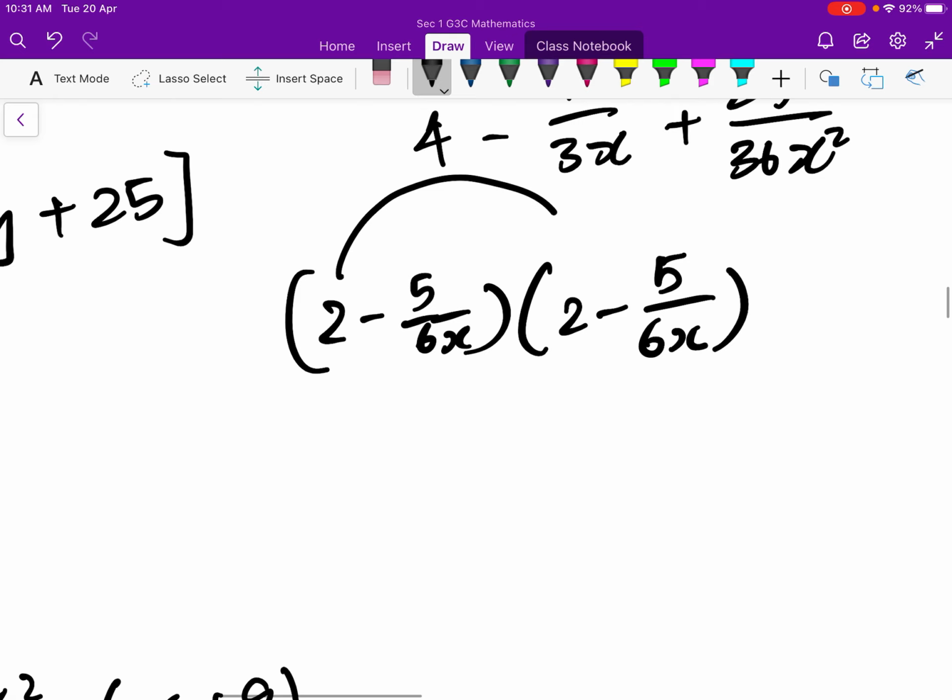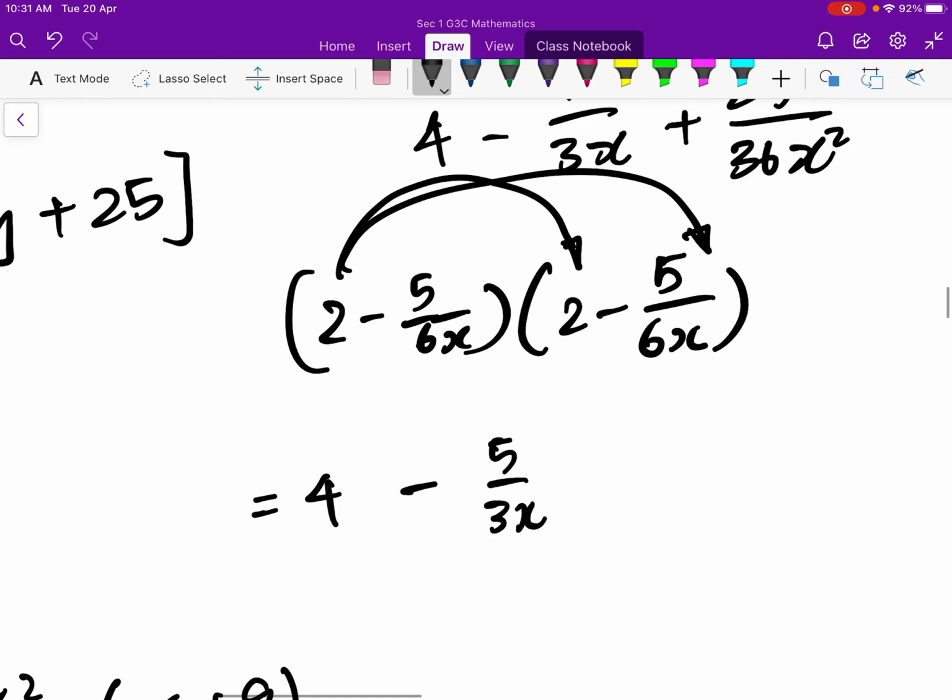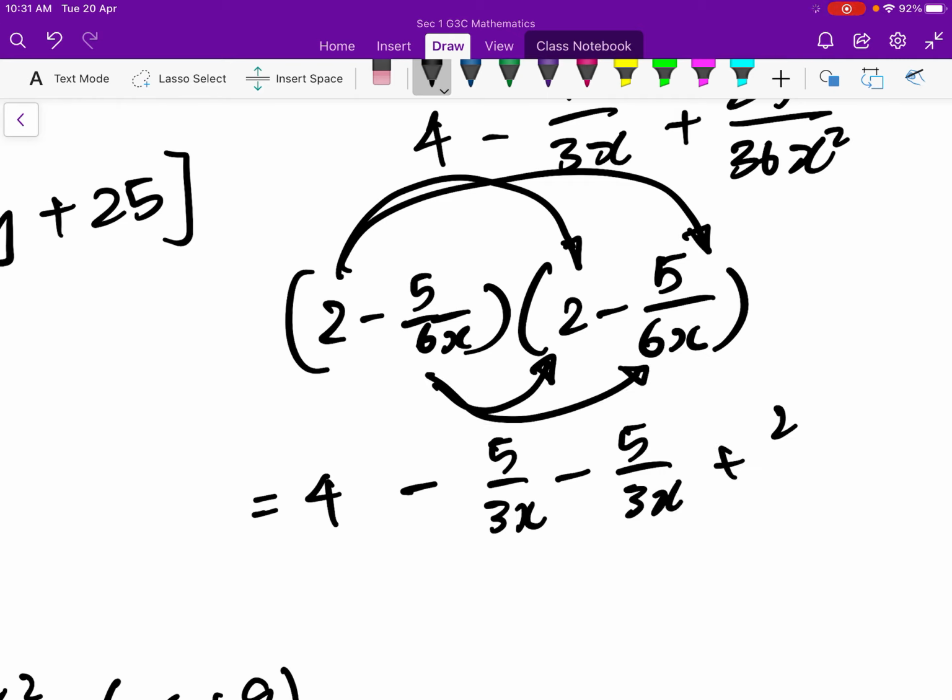And then you did the multiply, you get 4. Then minus 5 over 3x, and minus 5 over 3x. Finally, you have a plus 25 over 36x squared. This works also, isn't it?